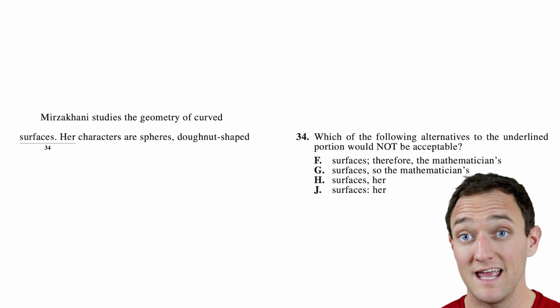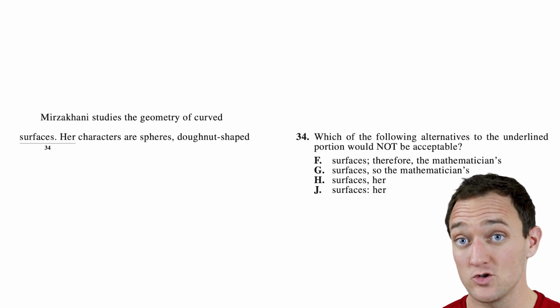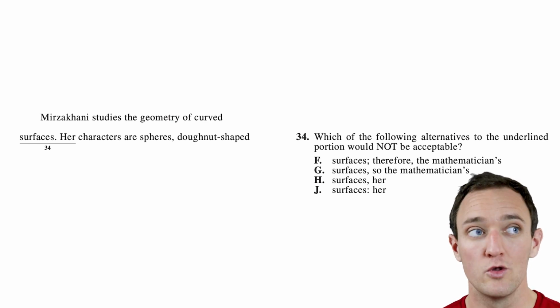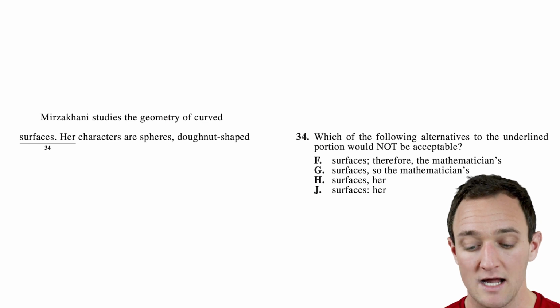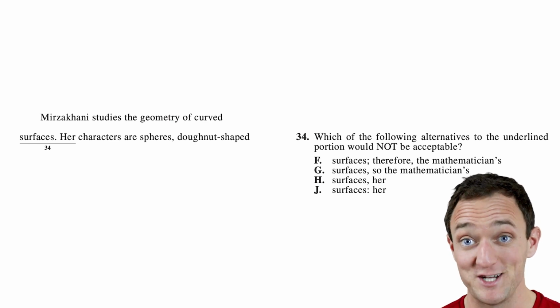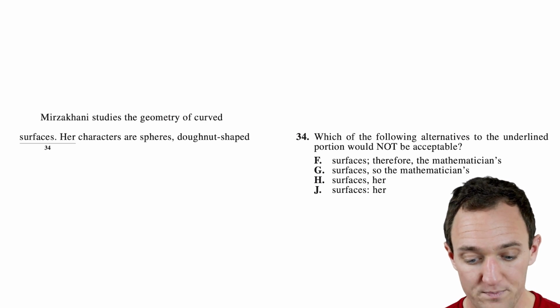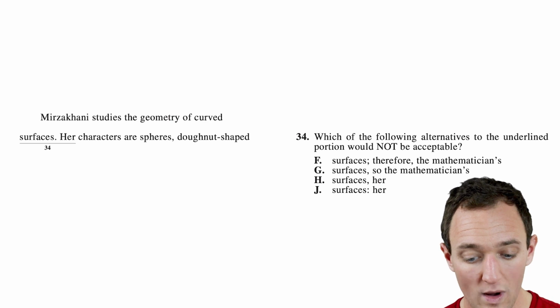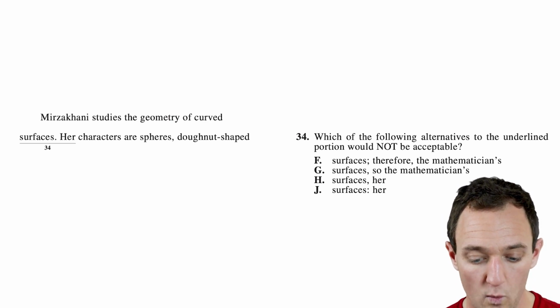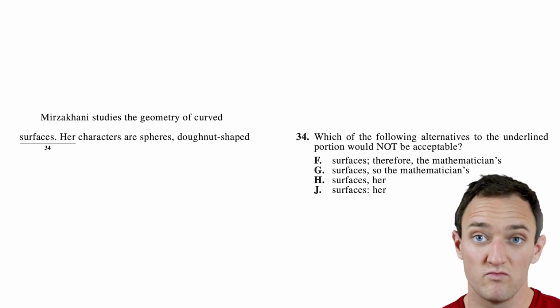Now, if you watched ACT Tips and Tricks 2021, you will know that the ACT does not care about the difference between periods and semicolons. So the way it is now and the way it is with F are virtually pretty much the same.